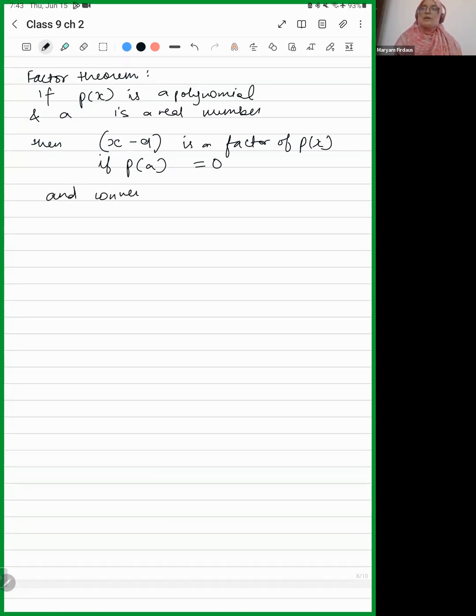What does conversely mean? Abdul Jabbar, what's the meaning of conversely? Conversely means the other way around. Yes, the other way around. So that means if p of x is a polynomial and a is a real number, then x minus a is a factor of p of x if p of a is equal to 0, and p of a is equal to 0 if x minus a is a factor of p of x.